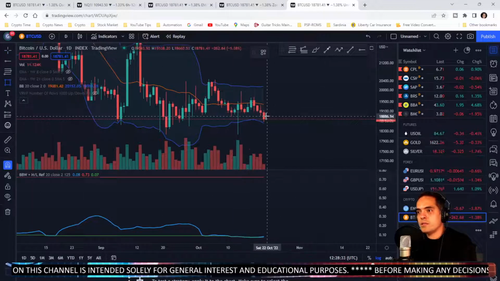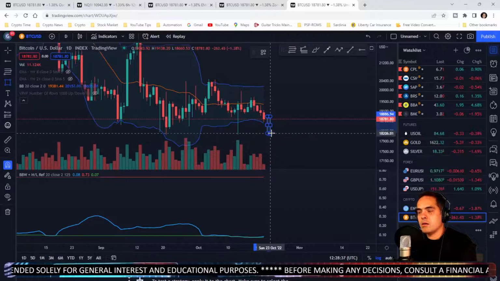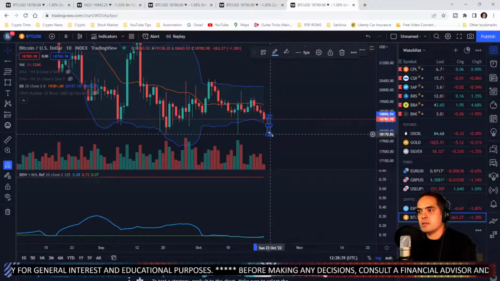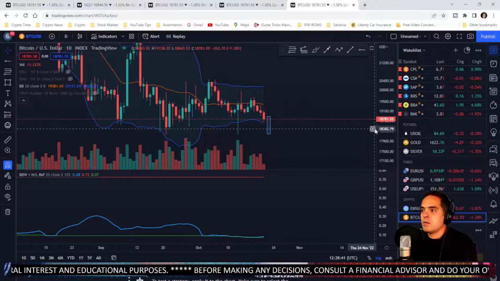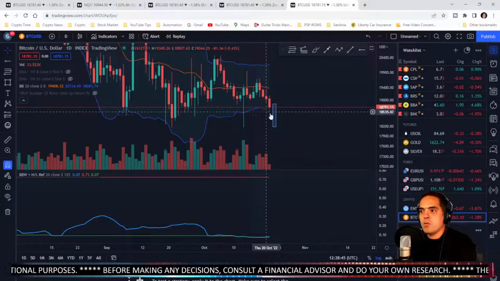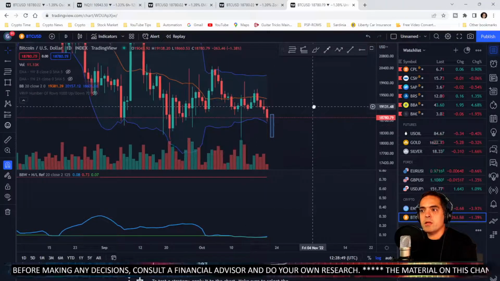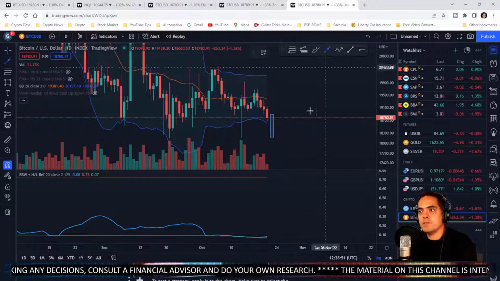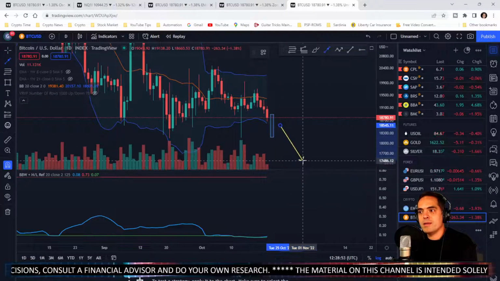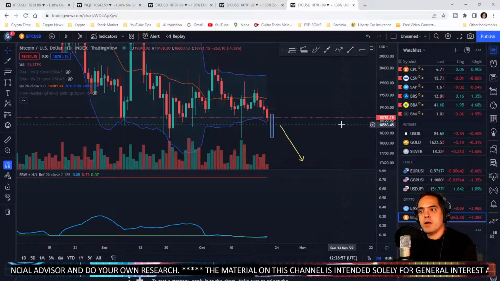So if we see something like this, a candle closing below the lower band in this particular scenario, then we can expect to see the price going down. All right, so I wouldn't buy anything right now.